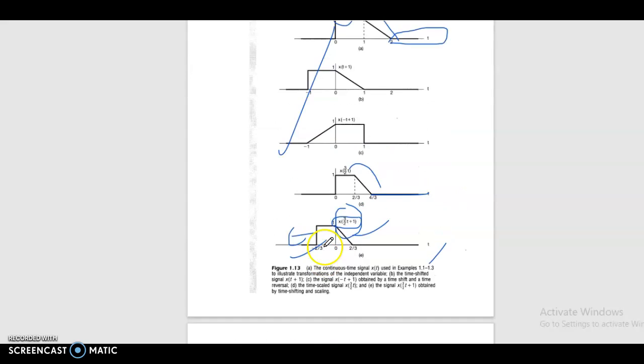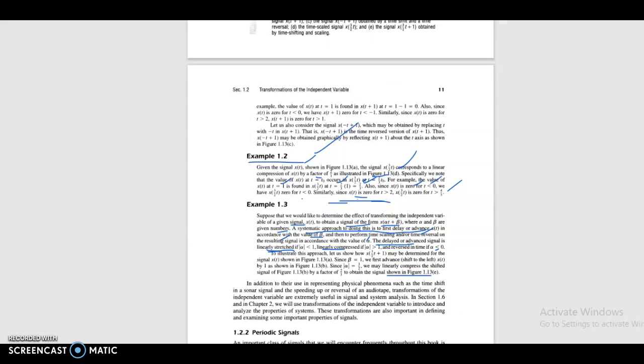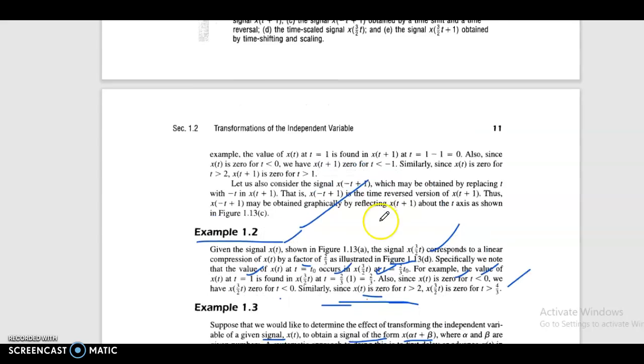Shift to left by 1: this one is shifted here, this one shifted here. It means 1 shifted.